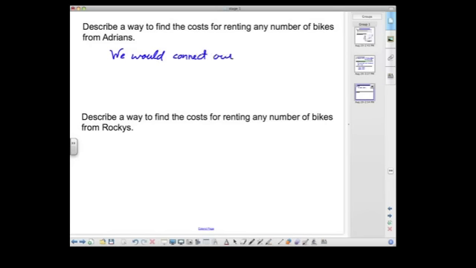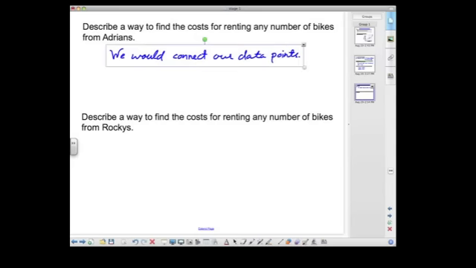We were connecting our coordinate points to use as a guideline in order to go back and then use that vertical or horizontal guideline and find a new coordinate point, estimate the location of a new coordinate point. And this is going to be the same response for both Adrian's data and for Rocky's data.